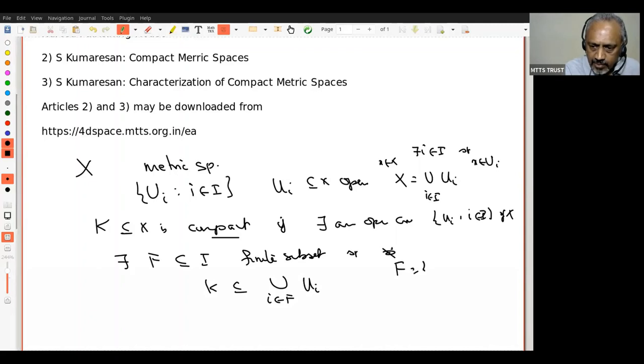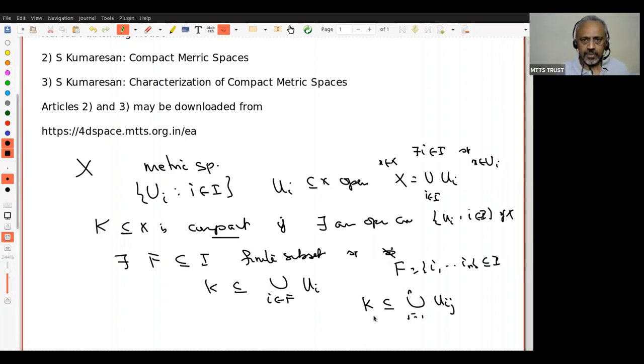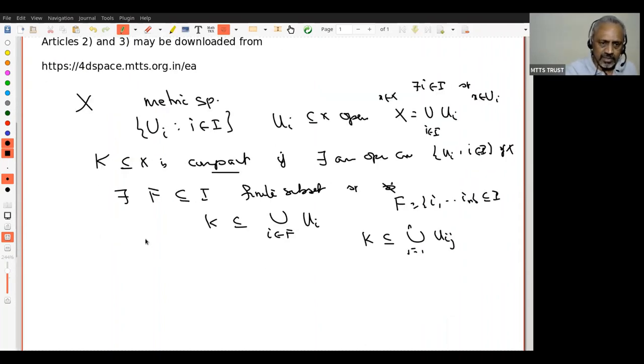If you are uncomfortable, this may be i_1 to i_N, which is a finite subset of I. That is, K is contained in the union over j equal to 1 to N. But if you are going to be in higher mathematics, it's better to use this kind of notation and avoid this. Each has its own thing, so let me not worry about it.